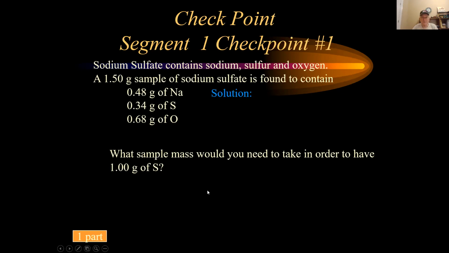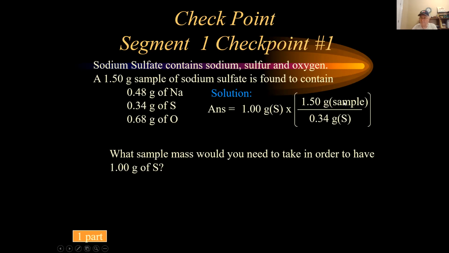Now, this is a procedure we're going to use for working problems. We're going to take the problem amount that's given here, 1 gram of sulfur. And now I'm going to do what's called a unit conversion. All I'm going to do is multiply that by a conversion factor that gets rid of grams of sulfur and goes to grams of sample.